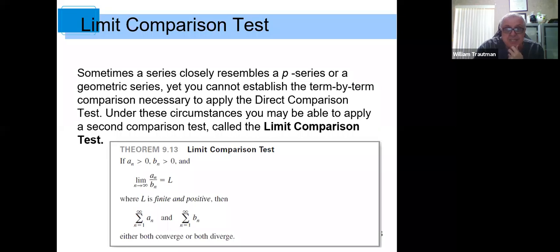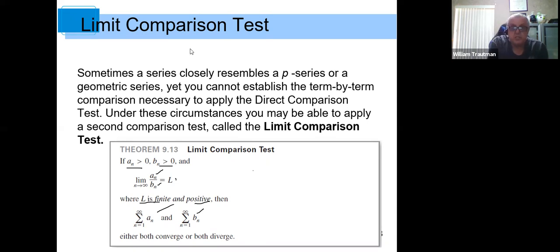Next is the limit comparison test. If I divide the two functions, they both have to be greater than 0. If I divide A sub n by B sub n and get a limit L that is finite and positive, then A sub n and B sub n either both converge or both diverge. It just depends on what it does.